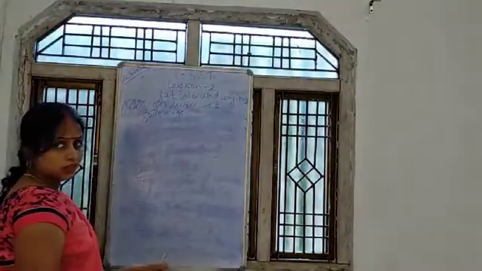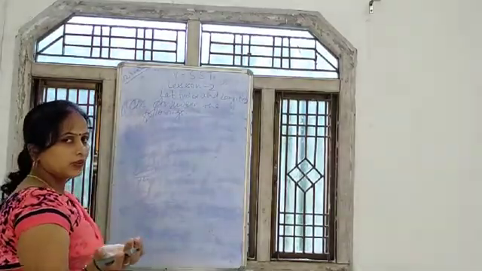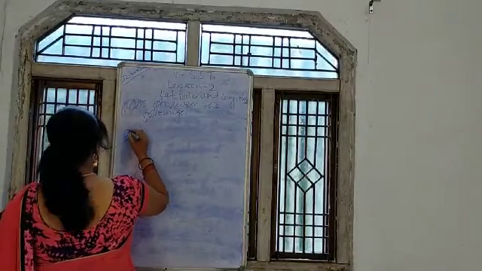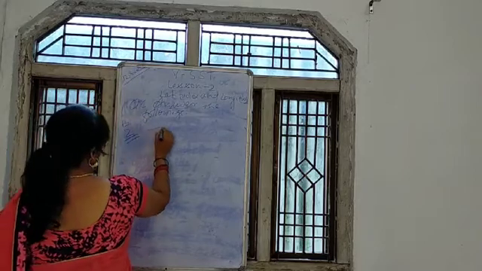So we will revise this second question. The latitude line at 0 degree is what? The equator. So that is the second answer. You will write the equator.